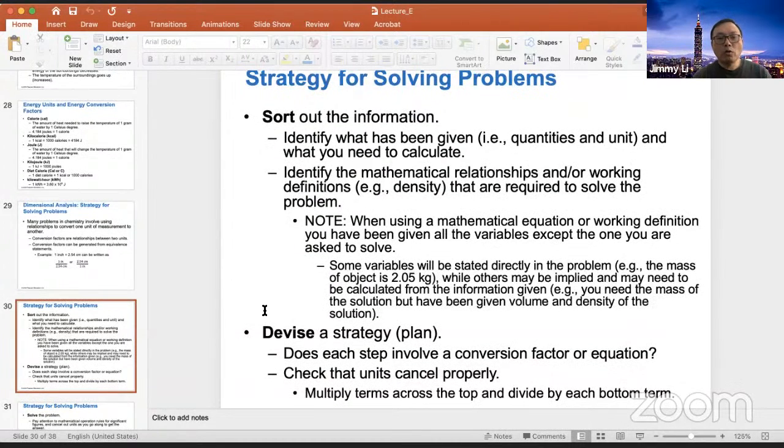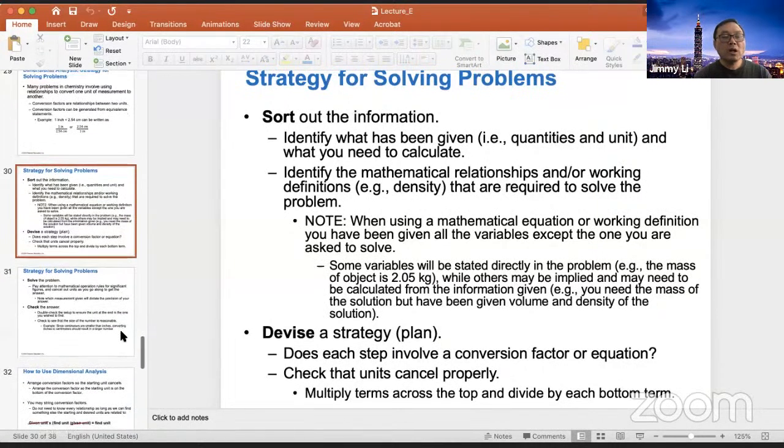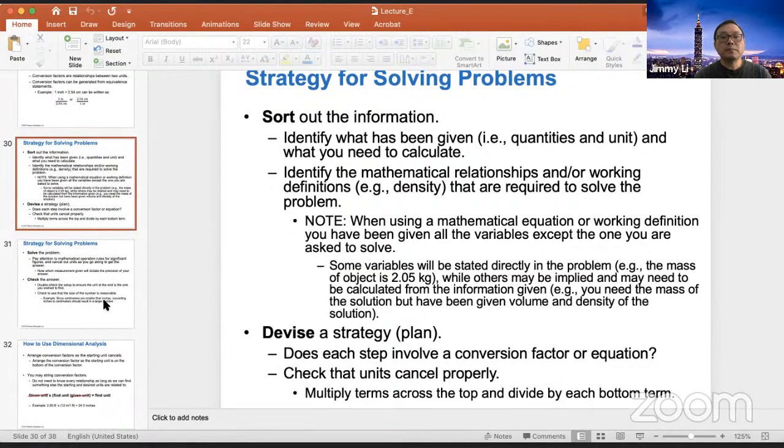I'll leave this slide to you for about 30 seconds. Write down the strategy for solving the problem here.